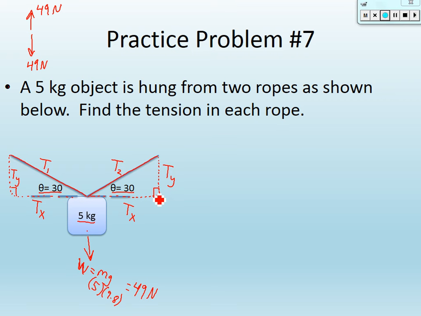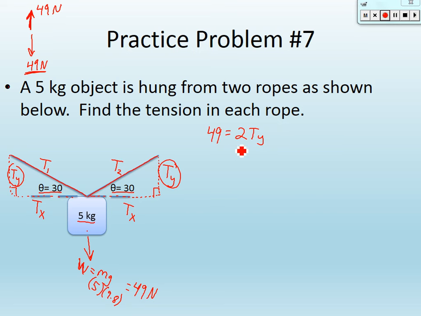Now, what component of the tension force is going straight up and down? Ty. So how many Ty's do we have? 2 of them. So if the total down was 49 newtons, what does each Ty have to be? Okay, let's do that. 49 is equal to 2 Ty's.